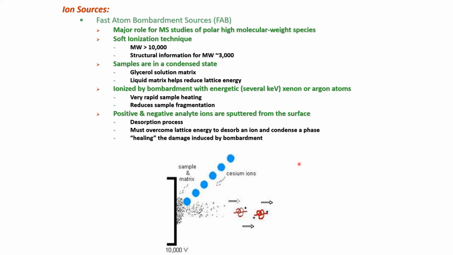They're ionized by bombardment with energetic xenon or argon atoms, leading to very rapid sample heating, which reduces the sample fragmentation. Positive and negative analyte ions are sputtered from the surface during a desorption process. This must overcome the lattice energy to desorb an ion into the condensed phase.